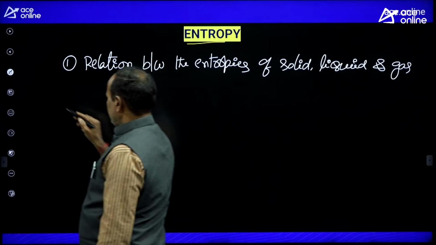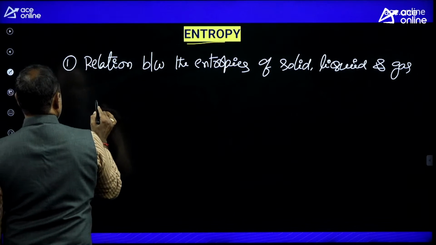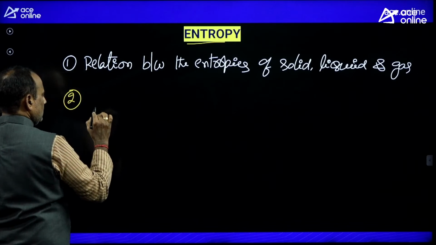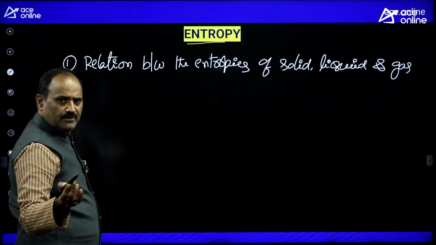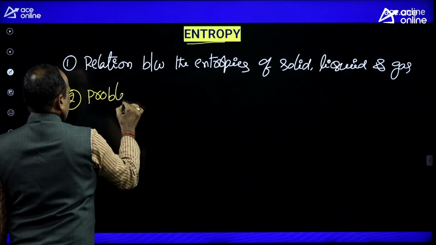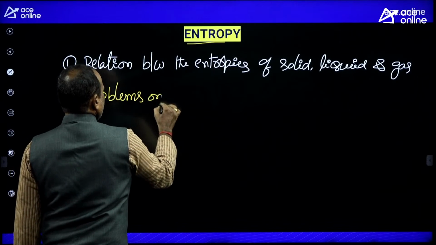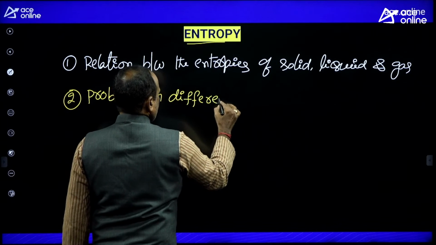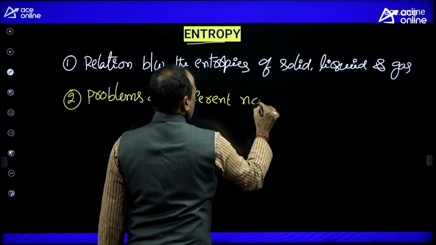Then you try to practice the different entropy problems on different non-flow processes.